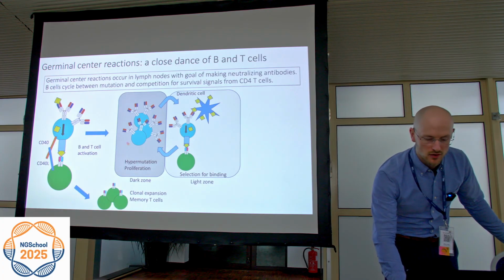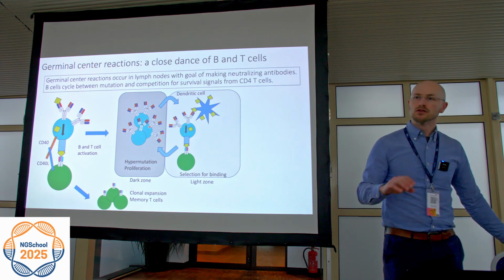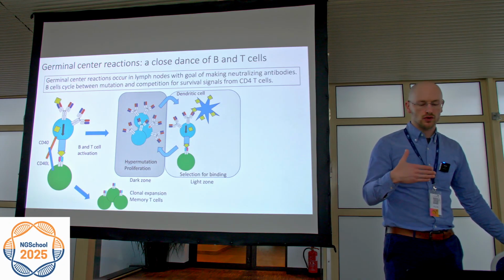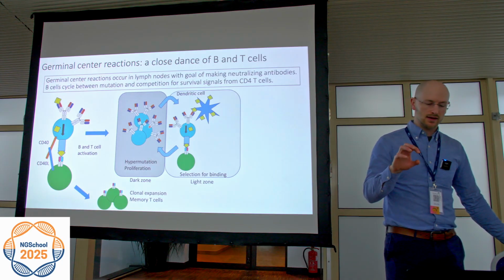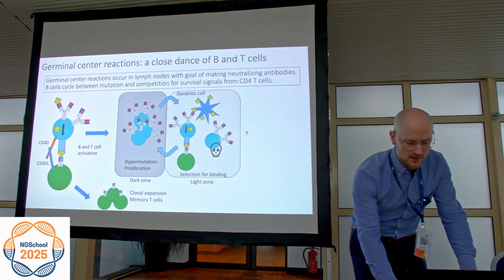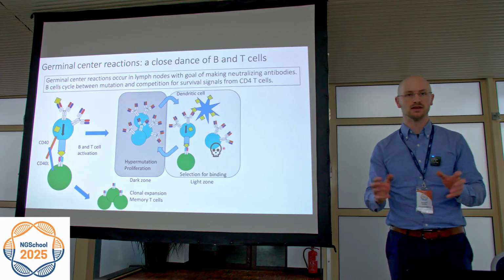So they enter back into the dark zone where they proliferate and mutate more. So this is the mechanism of how we get clonal expansion and mutation and increasing affinity of B cells. And importantly, the cells that bind less well die. So the default state of B cells in this process is apoptosis.